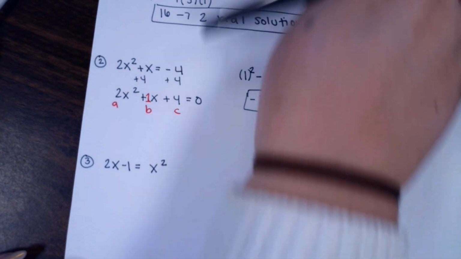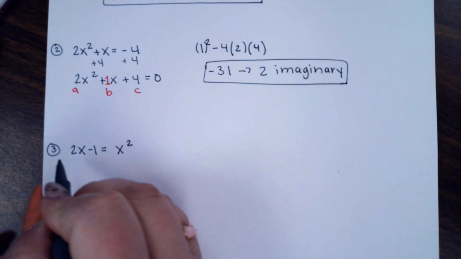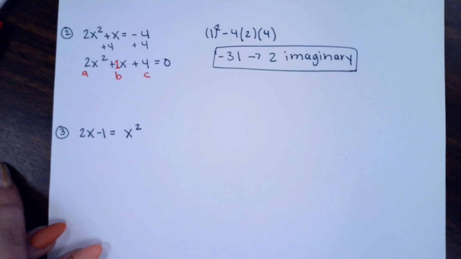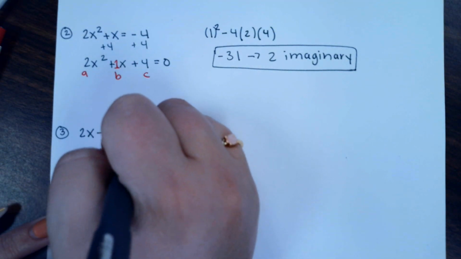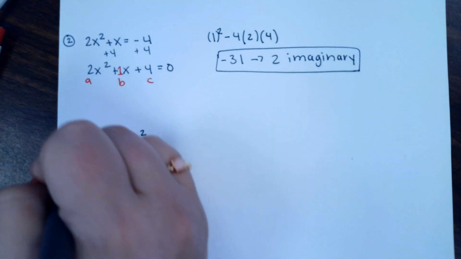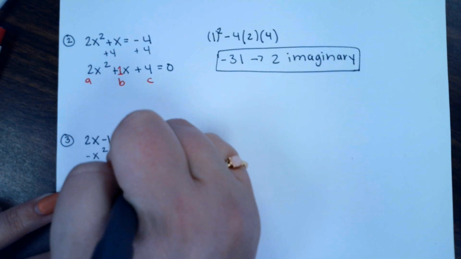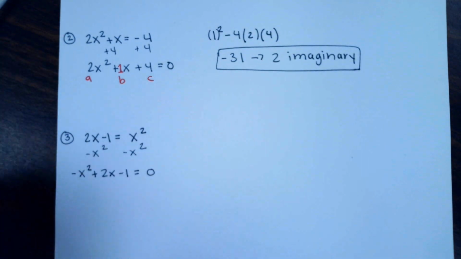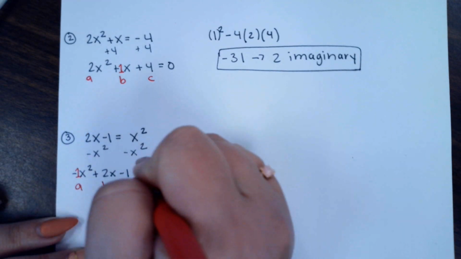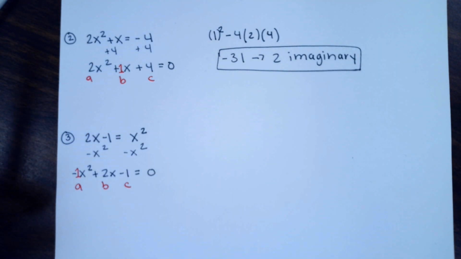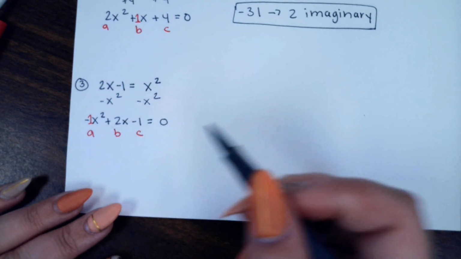All right, let's look at the last example, and then I just want to say one more thing, and this video is over. So we've got to find the discriminant and figure out the type and how many solutions. Everything's got to be on one side. So let's subtract x squared from both sides. So negative x squared plus 2x minus 1 equals 0. Remember, we have that 1 there, so negative 1 for A, 2 for B, negative 1 for C. Remember, if you're subtracting a number, that's included when we decide what C is.